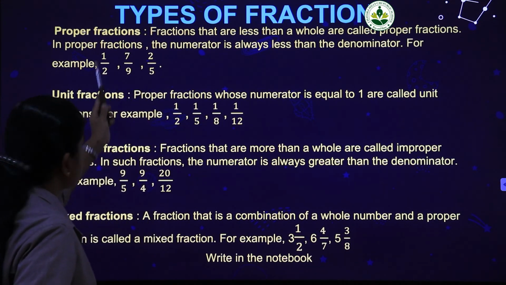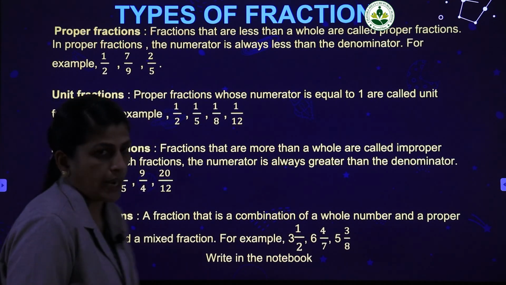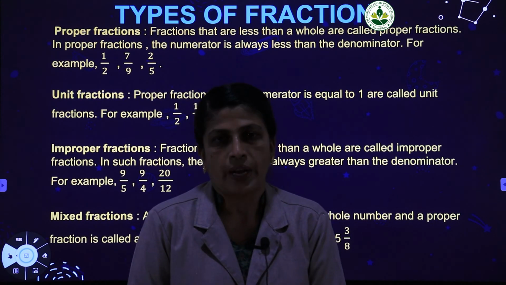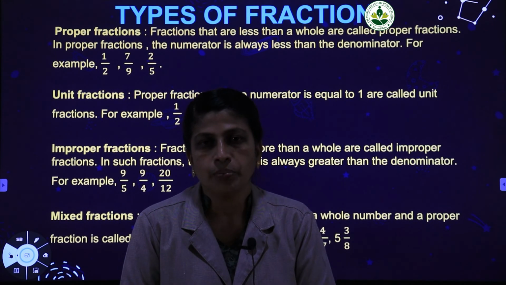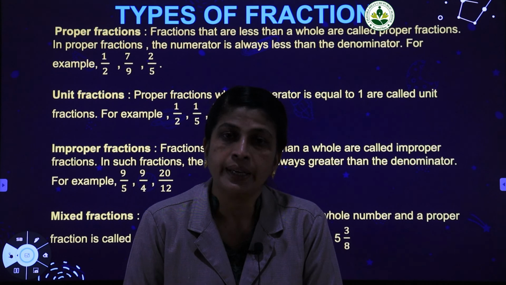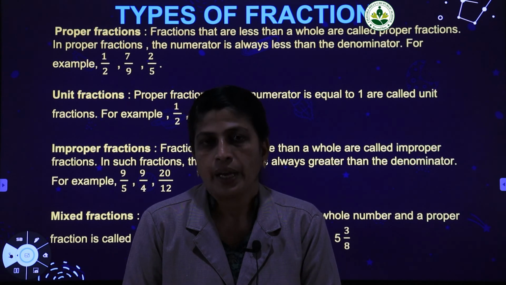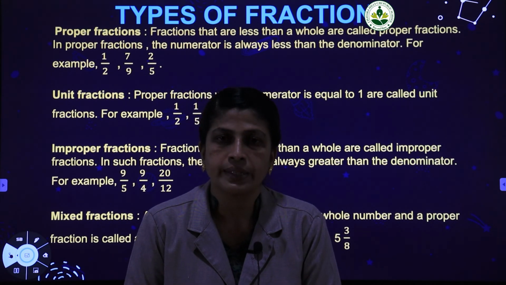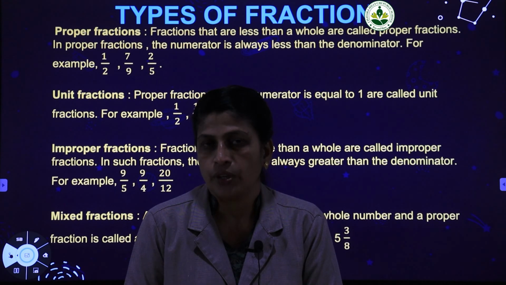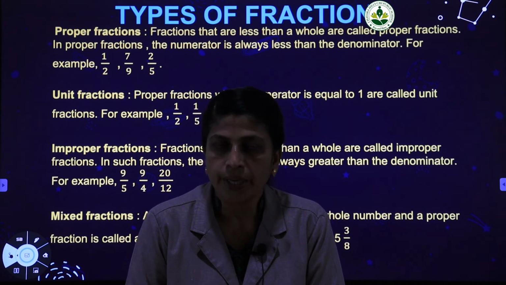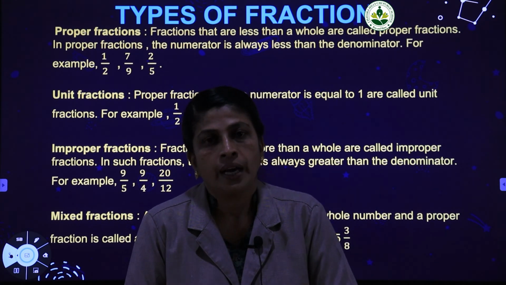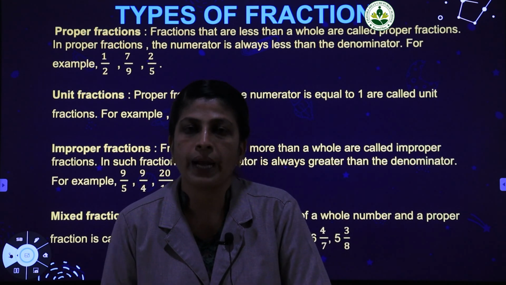Therefore, we have studied 4 types of fractions. They are proper fraction. Proper fraction means the numerator is always less than the denominator. And in improper fraction, the numerator is greater than the denominator. The next one is unit fraction. Unit fractions are the fractions with the numerator 1.